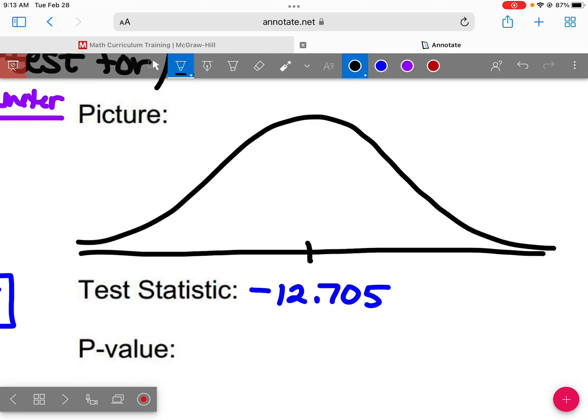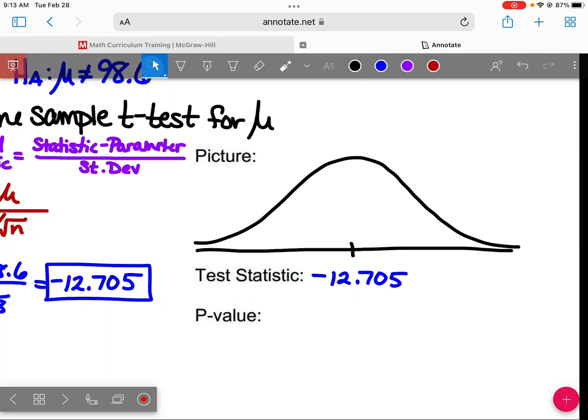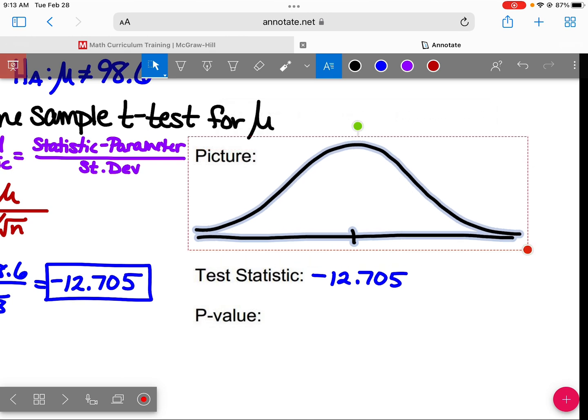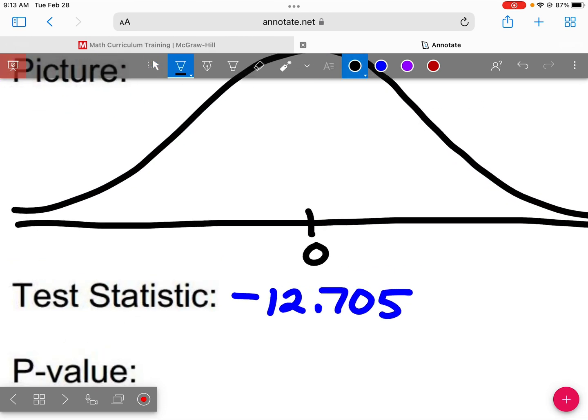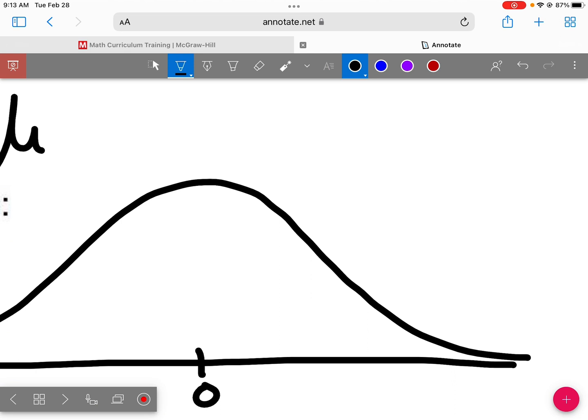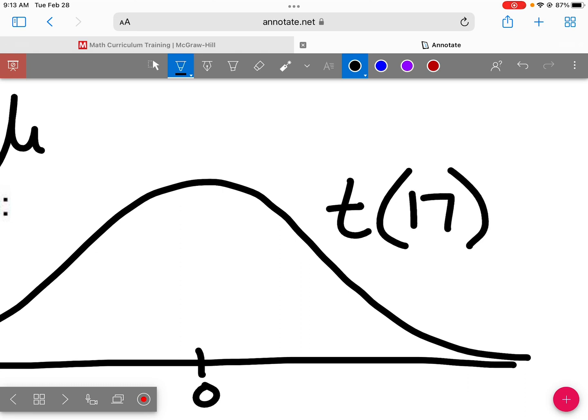What has to go in the middle? 0 has to go in the middle. We have to label it: t and then degrees of freedom. How many degrees of freedom do we have? 17. So you have to have t and whatever the degrees of freedom are inside the parentheses.